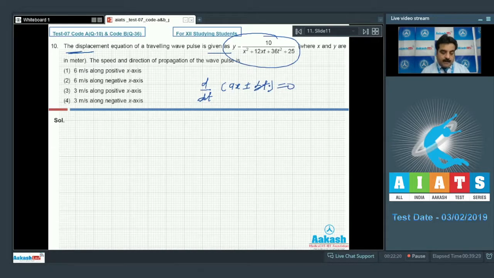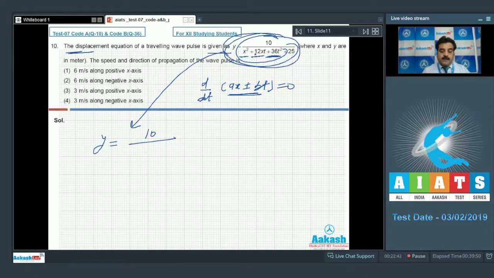And if I differentiate, then you know dx over dt will come, and that is called speed of wave propagation. So I am looking to make the given expression just like this. So 10 x square, and this is 6 square, and this is 2 into 6 into x into t. So I can write this is x plus 6t whole square.